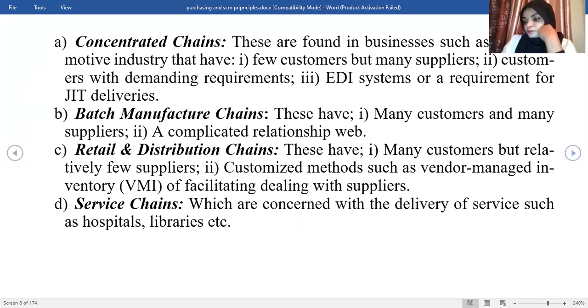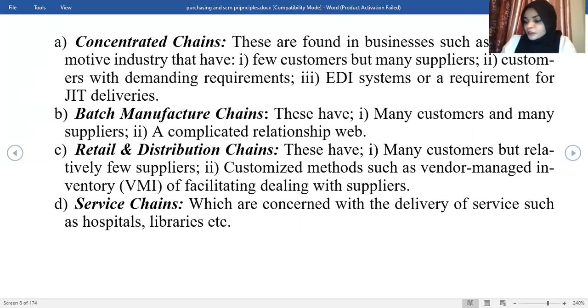And this is basically found in businesses such as the automotive industry, where we have few customers but many suppliers. For example, Toyota. Toyota is an automotive industry, and the work of Toyota is to produce cars.